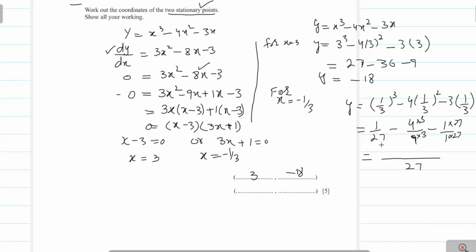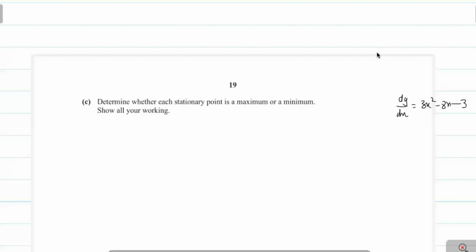Therefore, we get minus 1 minus 12 plus 27, and this value will be equal to 28 minus 12, 16 over 27. We write here minus 1 over 3, 16 over 27. These are the coordinates of the stationary points.